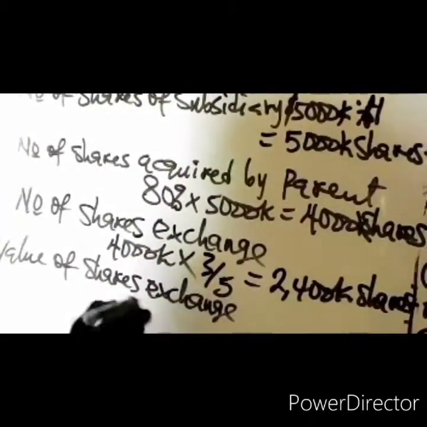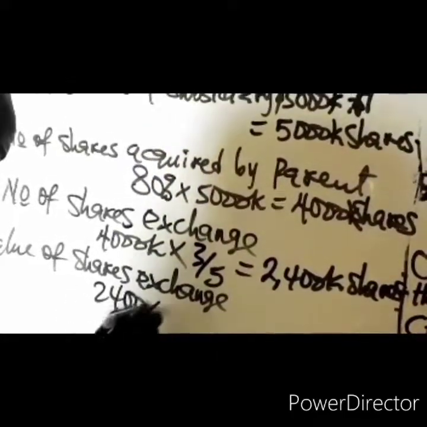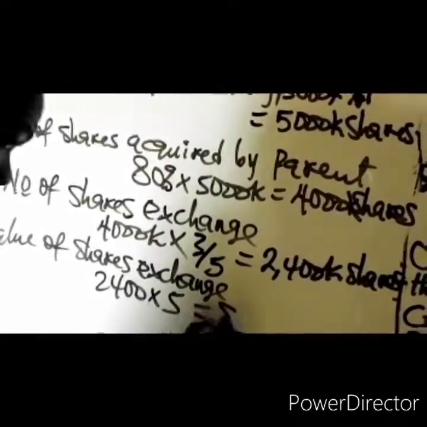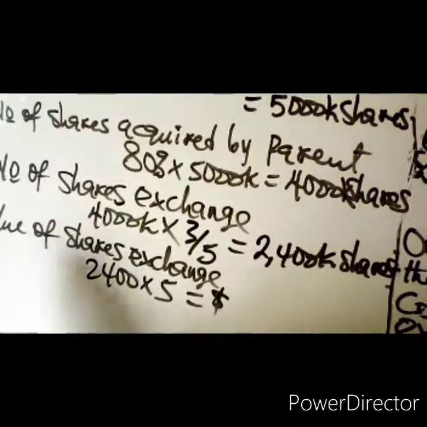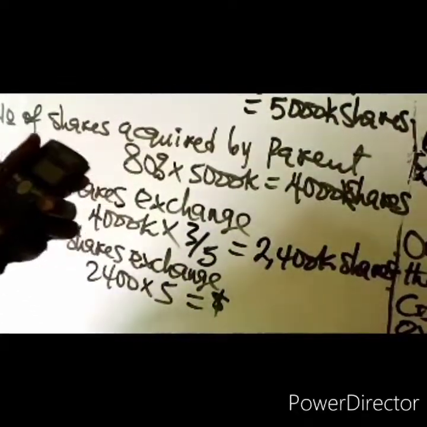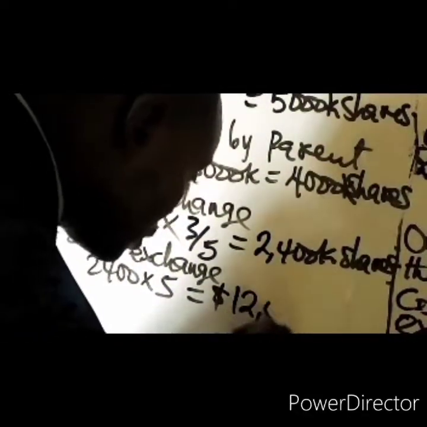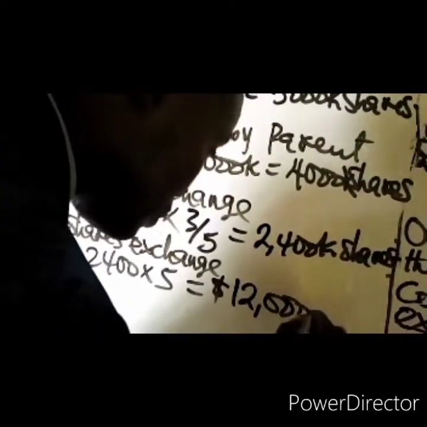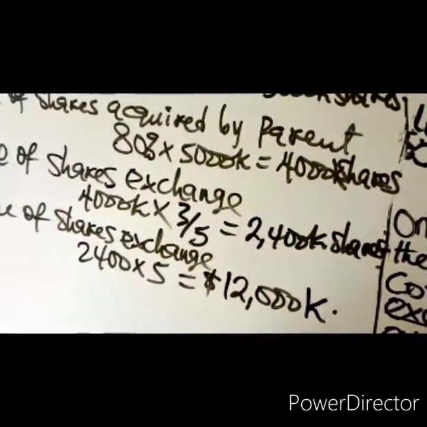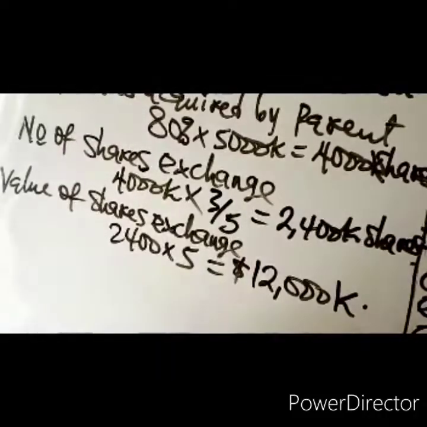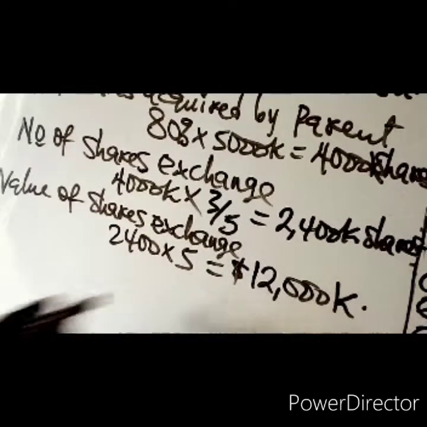You multiply the number of shares exchange of 2.4 by the market value of the parent, and that will give us 2.4 times 5, and that will give us $12 million. That is the value of shares exchange. That is the consideration transferred.